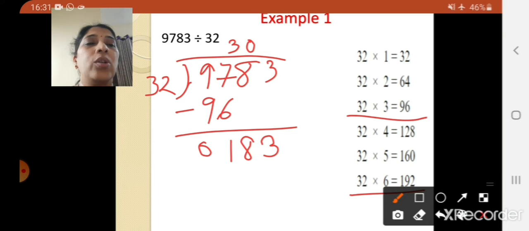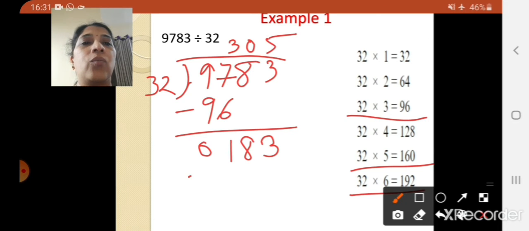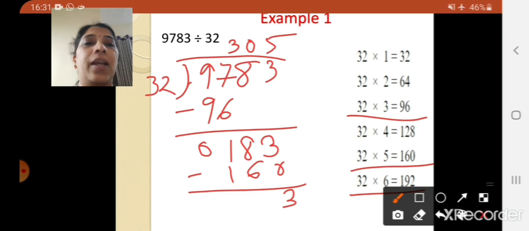So you have to multiply by 5: 32 fives are 160. So 3 minus 0 is 3, 8 minus 6 is 2, and 1 minus 1 is 0, right?